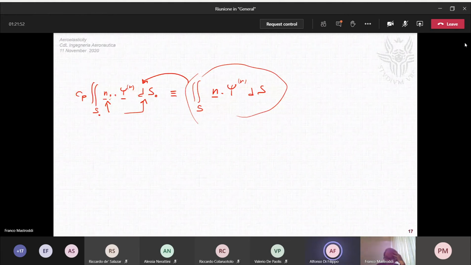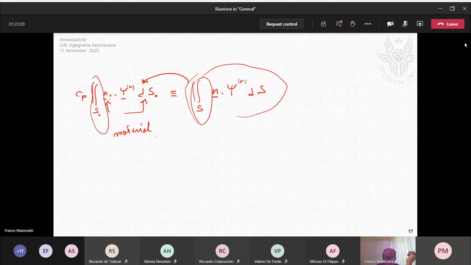Okay. Yes, it's more clear now. Because indeed, all the integrals on the surface are material integrals, in the sense that they are performed on the surface made by the same material points. They are integrals following the body during the motion, and therefore you can take the integral directly in the undeformed configuration.